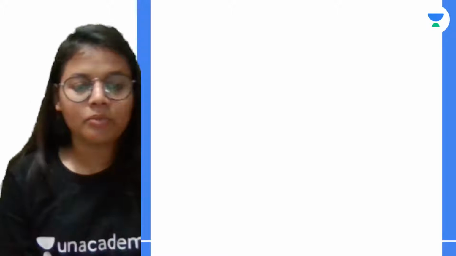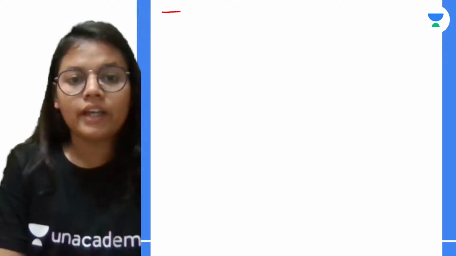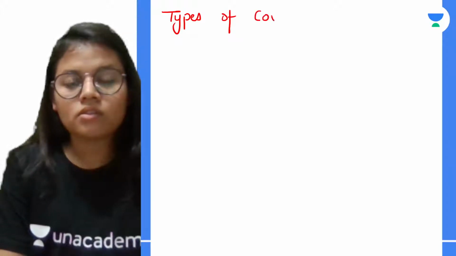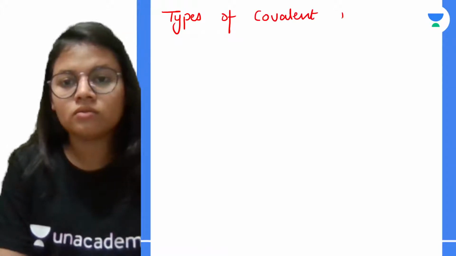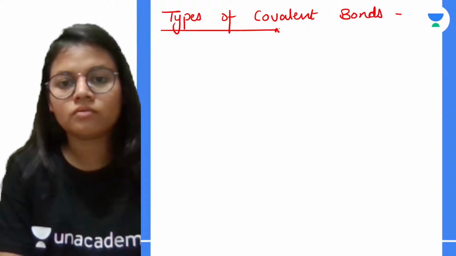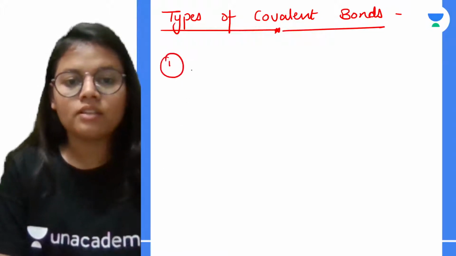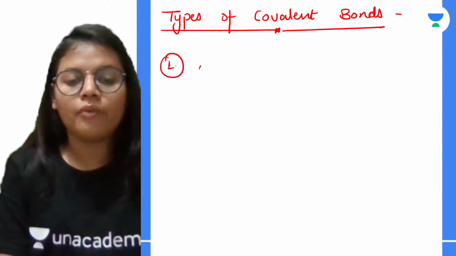So we are going to study about each of the categorization one by one. All right, so types of covalent bonds. The very first one is a single covalent.